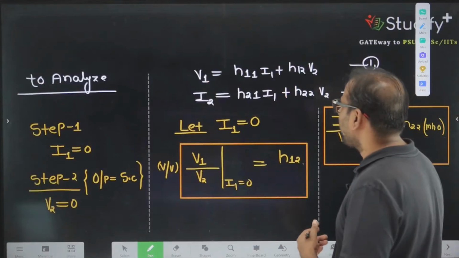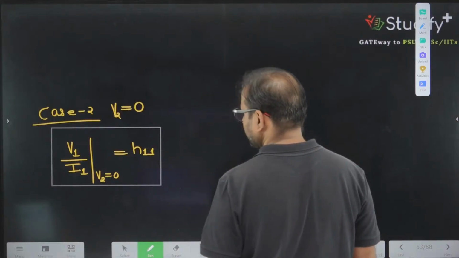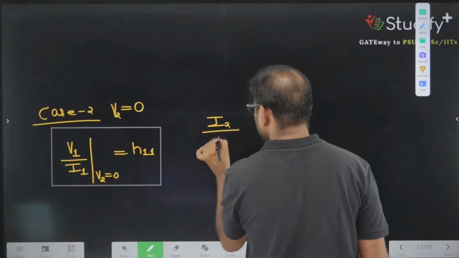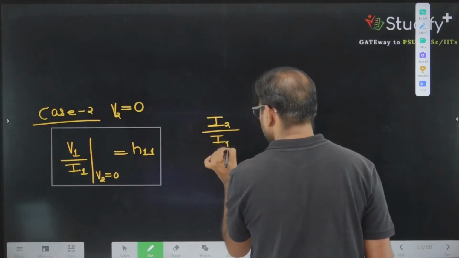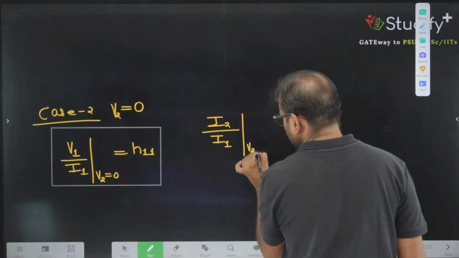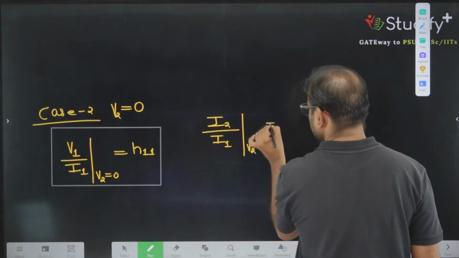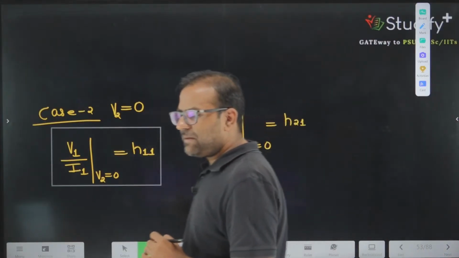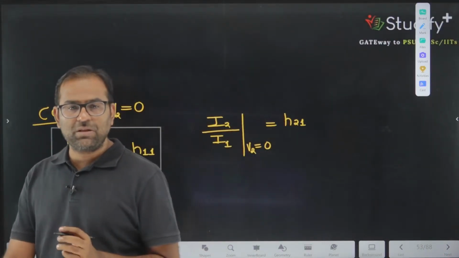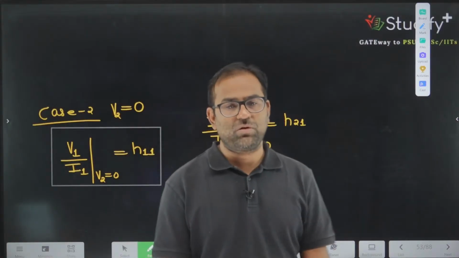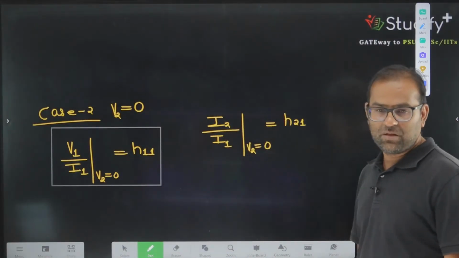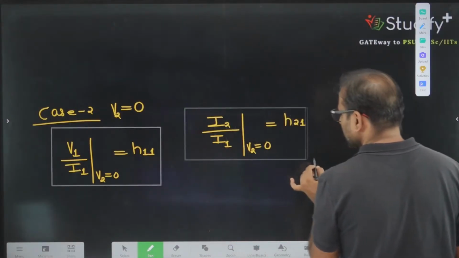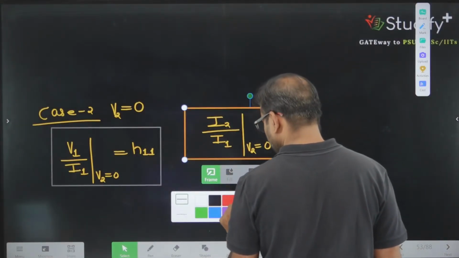So I2 divided by I1 by making V2 equal to 0 is known as H21. All these parameters provide information about your 3-terminal transistors, BJTs and MOSFETs. So you can say H21 defines the current gain of the transistor.